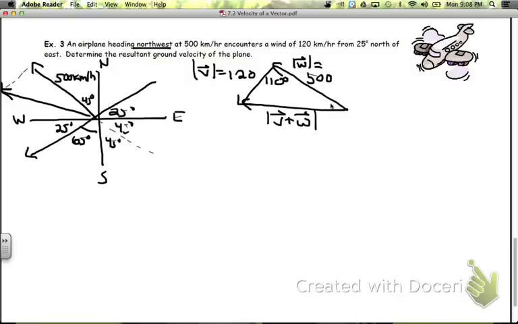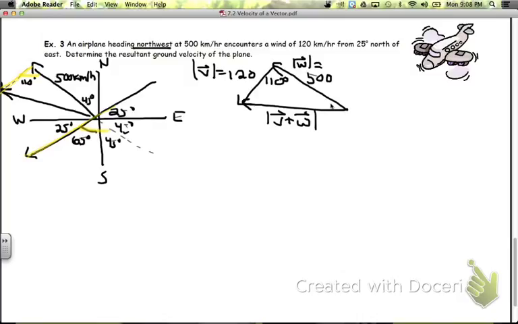If we take that vector, which is our wind vector, and move it up here, you can notice that this angle measurement, the 65 plus 45, is the same as this one here, which is our 110 degrees. So that's where I get my 110 degrees from.